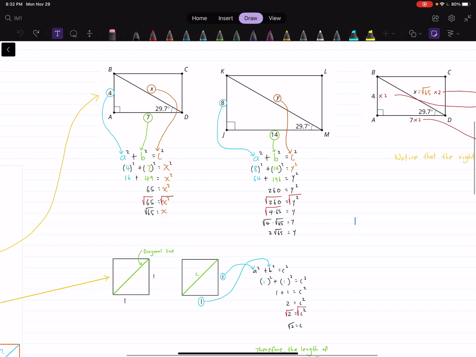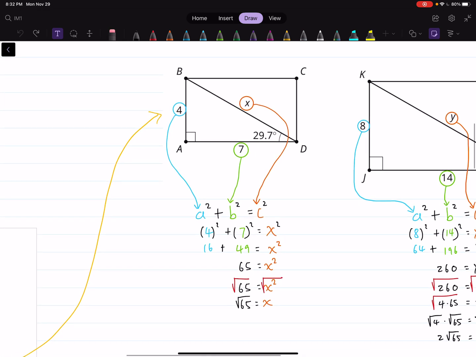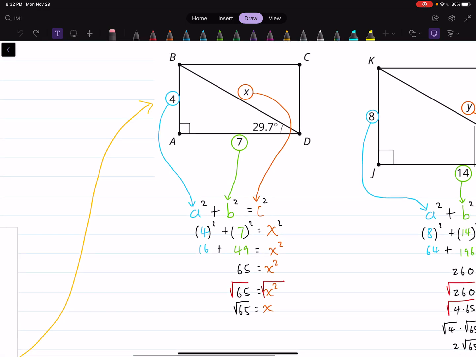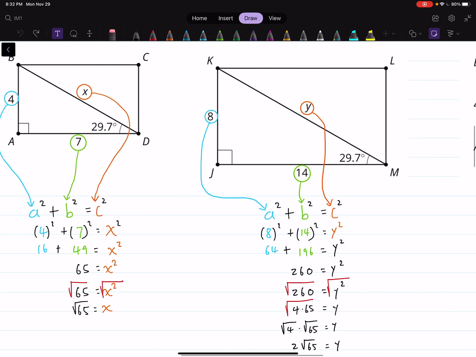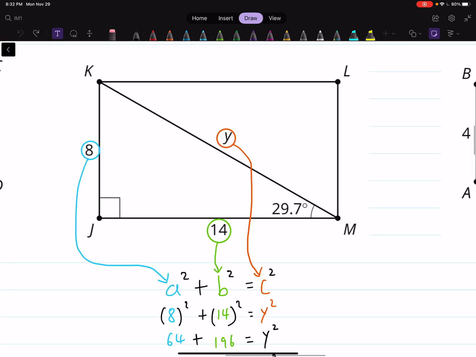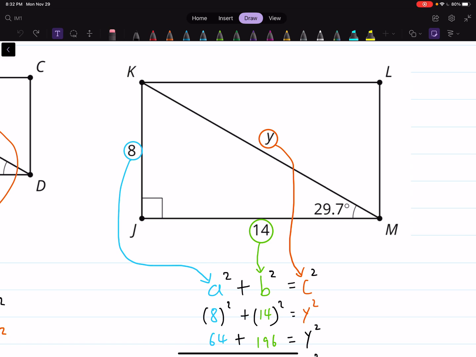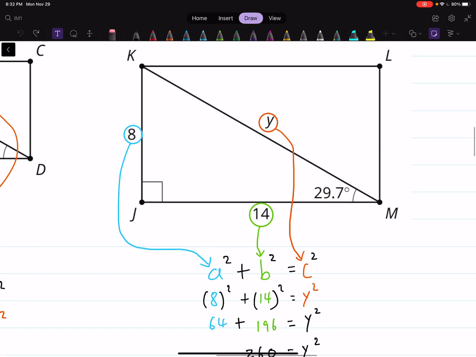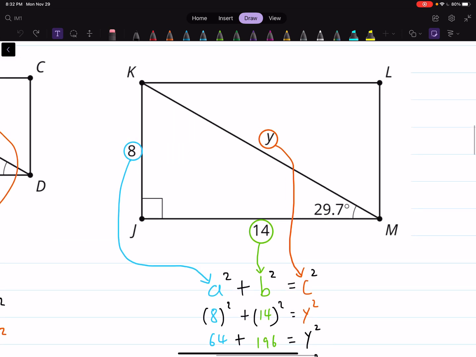So I want you to go ahead and try this problem out. Now we're going to go over this one. Same deal. I want you to pause the video and actually try this problem out by yourselves.